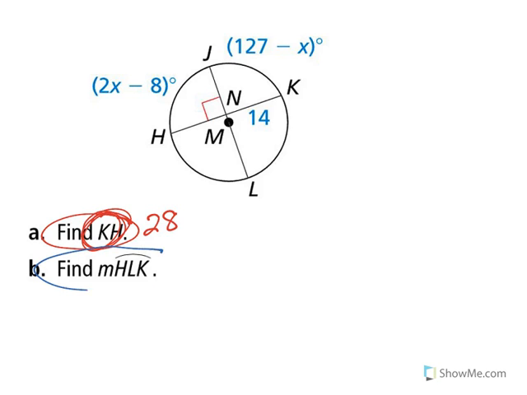So here we want to figure out the measure of HLK. Okay. I'm guessing that this and this have something to do with that, right? So let's see here. If we know that this arc goes with this arc, right?